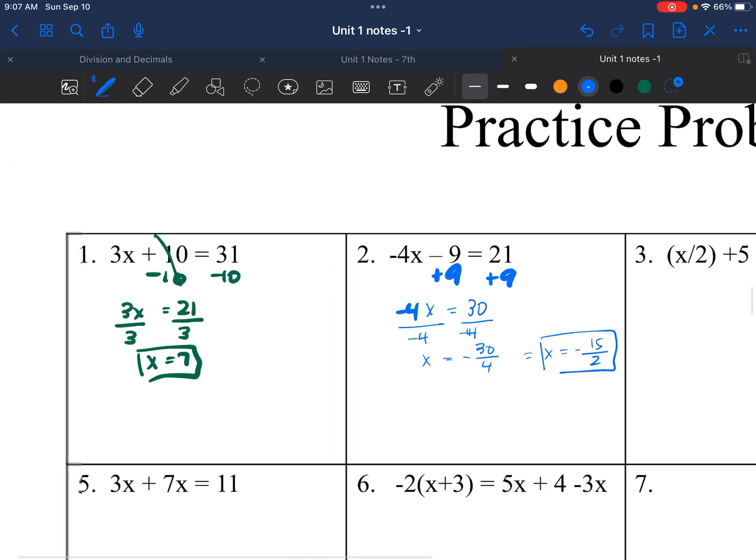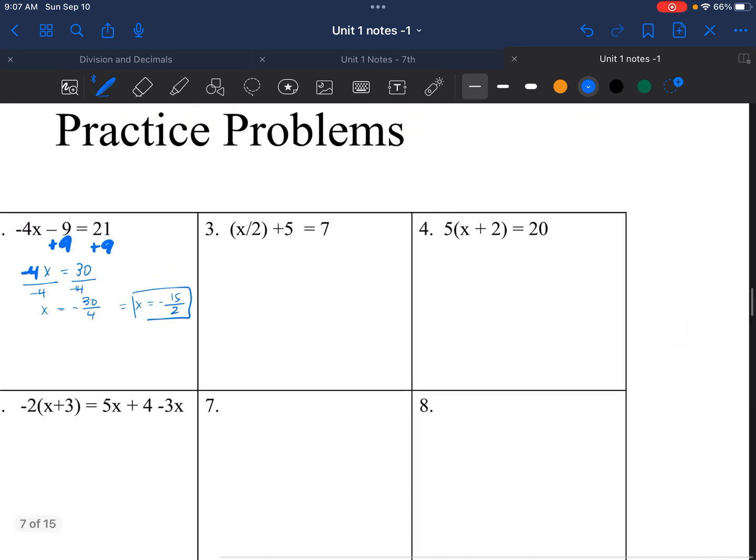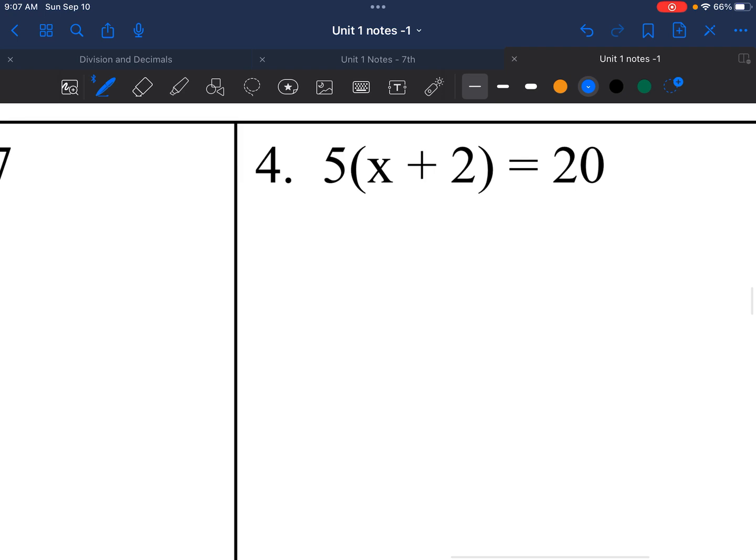Okay, we are going to do one more together. Let's do number 5. This one is a little bit more complicated. We can't just subtract this 2 first because the 2 is inside of a parentheses. Because we do PEMDAS in reverse, parentheses would be the last thing that you do. So first we have to distribute this 5 inside.